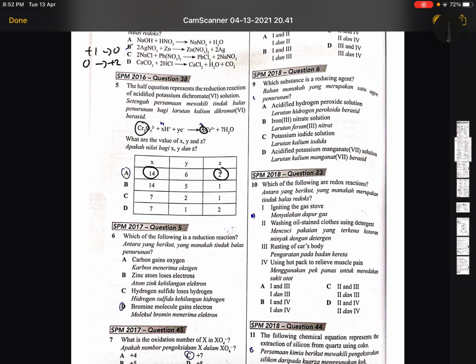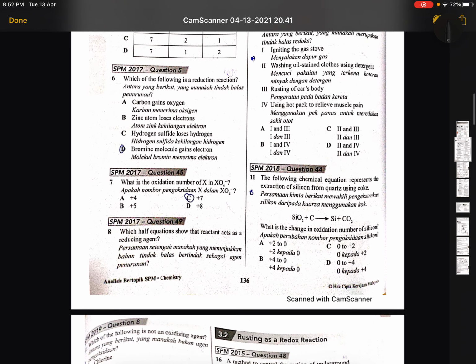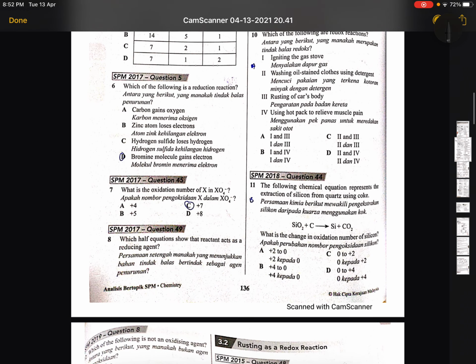Then the electric charge: since we have 14H+, it's 14 plus, and Cr2O7 2-, so it's 2 minus, giving 12. On the other side, 2 times 3 is 6. So 12 minus what equals 6? 6. So y is equal to 6. I hope that's understandable.